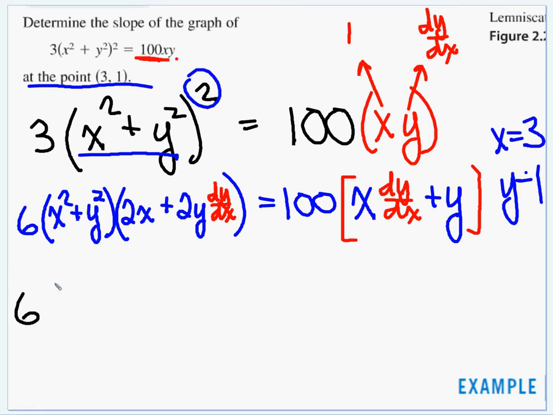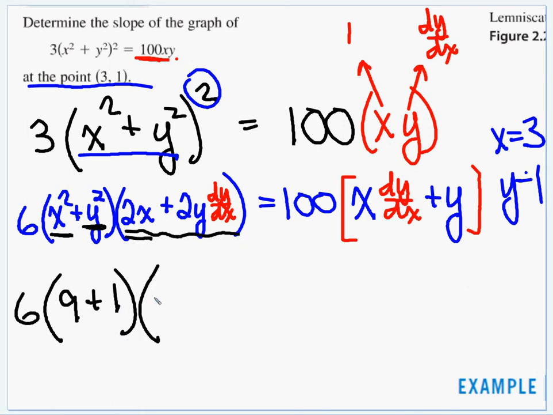So we've got a 6. Our x squared, that's going to be a 3 squared or a 9, plus y squared is 1 squared, so that's just a 1. And then our next set of parentheses, we've got a 2x, 2 times 3 is 6, plus we have a 2 times y, 2 times 1 is 2, and that gets multiplied by dy dx.